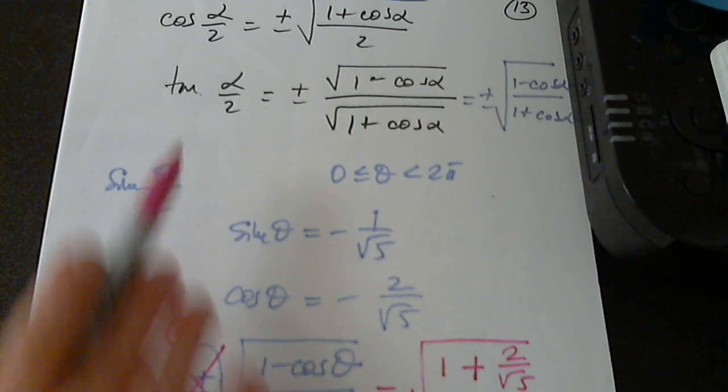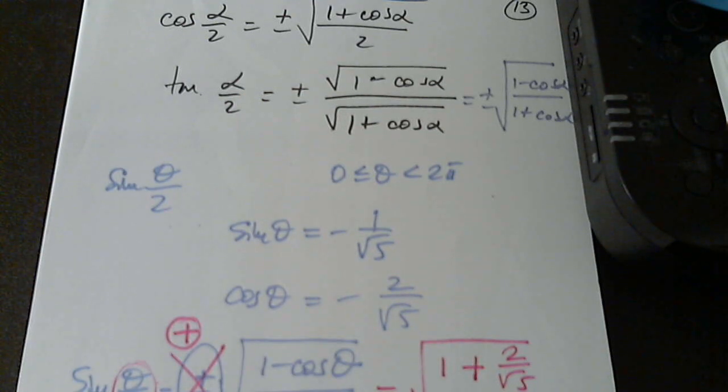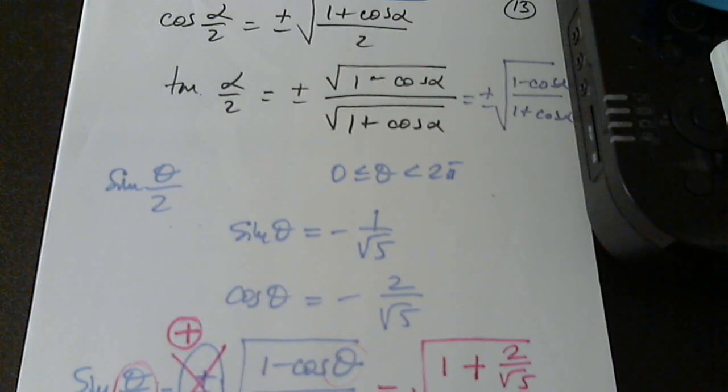Sine theta over 2 is plus or minus the square root of 1 minus cosine theta over 2. Then I had to write this compound inequality, stating where theta is. We determined that theta was in the third quadrant, between pi and 3 pi over 2.